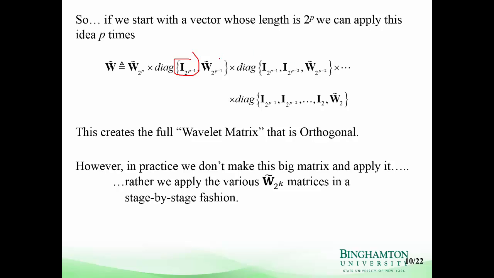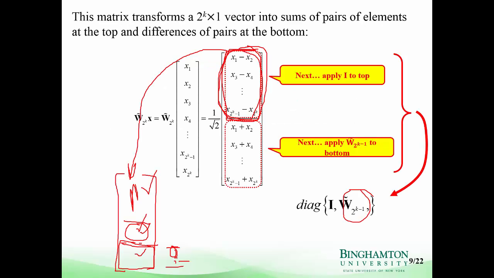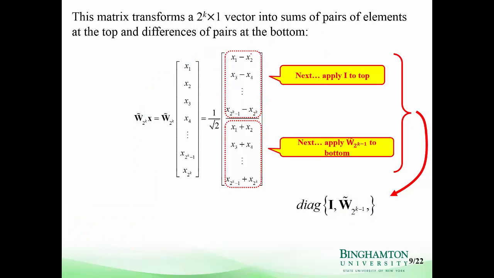All we need to do is extract the right stuff and apply the next thing. So if we go back to here, once we get to this point, after one stage of this, we keep this stuff. We don't do anything with it. We just leave it in place. And then we apply a matrix to this, and the top half of that result we'll keep.